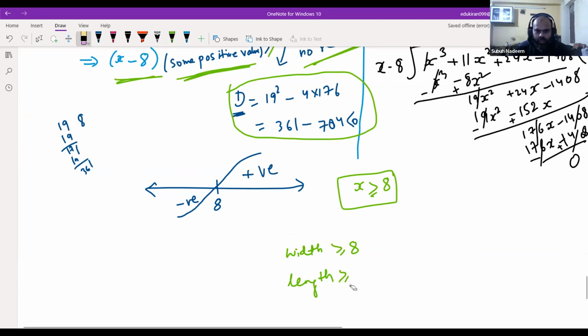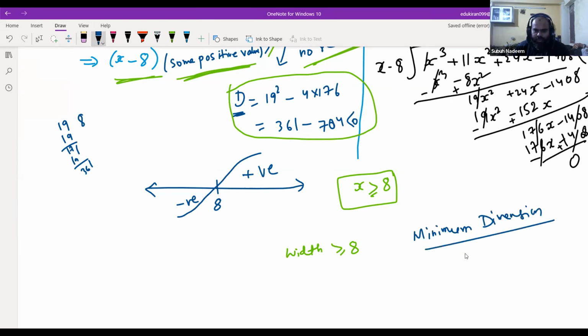So what you wanted to know, the question was saying, what are the minimum dimensions of the excavation? So minimum dimension, that is the least value, since it is greater than equal to 8, so minimum it can be equal to 8. Otherwise, it can be greater also.